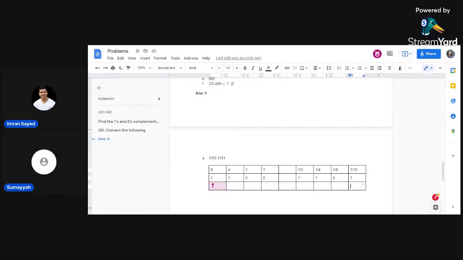So 8 becomes 8, 4, and these will be 0. Oh, this will be 0 because 0 multiplied by 1 is 0. What will this be? This is 0.5. Are we actually going to write 0.5 there? Yes, because we need to add up everything after. Okay.